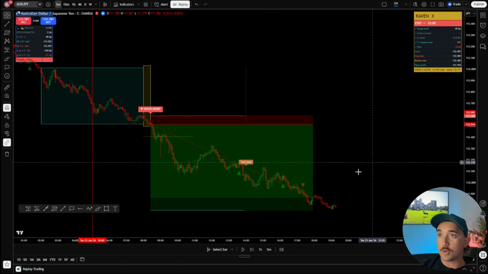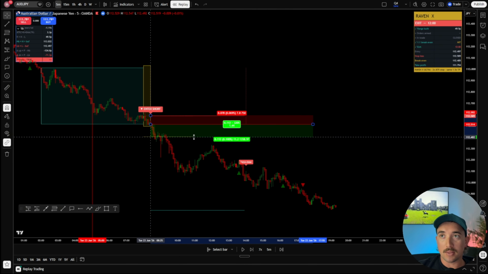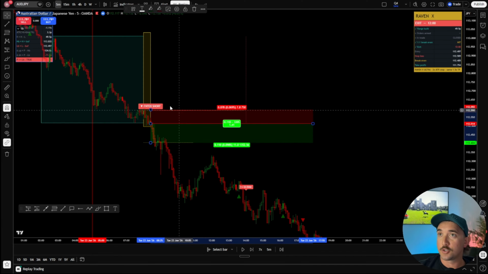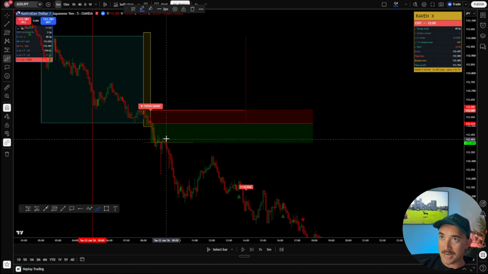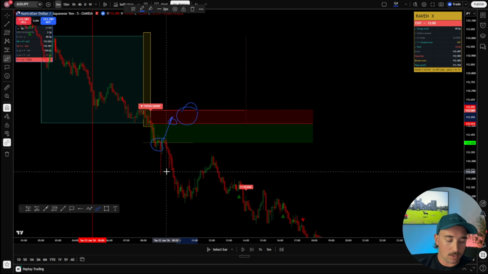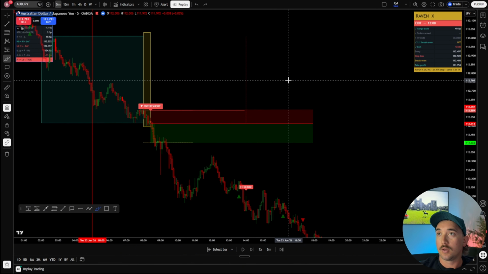But how we also capitalize mainly is that we have a break even method here. This yellow line, once we trigger there, we move our stops down to that break even point. This is protecting a lot of our capital in case we reverse back up, especially with such a small stop. We can get taken out very, very quickly, so we want to preserve our capital at all cost.